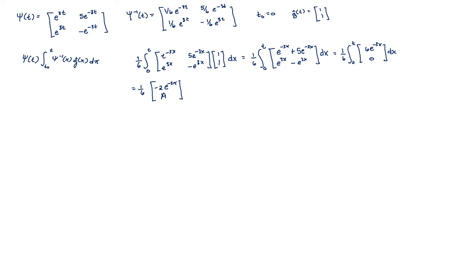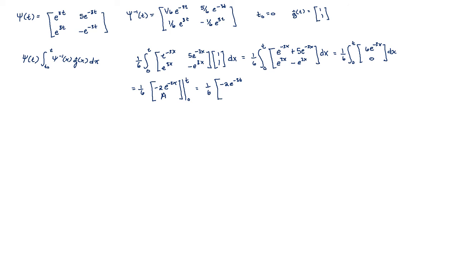And then I need to evaluate this from 0 to t. So that little 1/6 is just going to come along for the ride. So plugging the t in there, I get negative 2e to the negative 3t. If I plug 0 in there, e to the 0 power is 1, so that'll be a minus 2 in the second part.